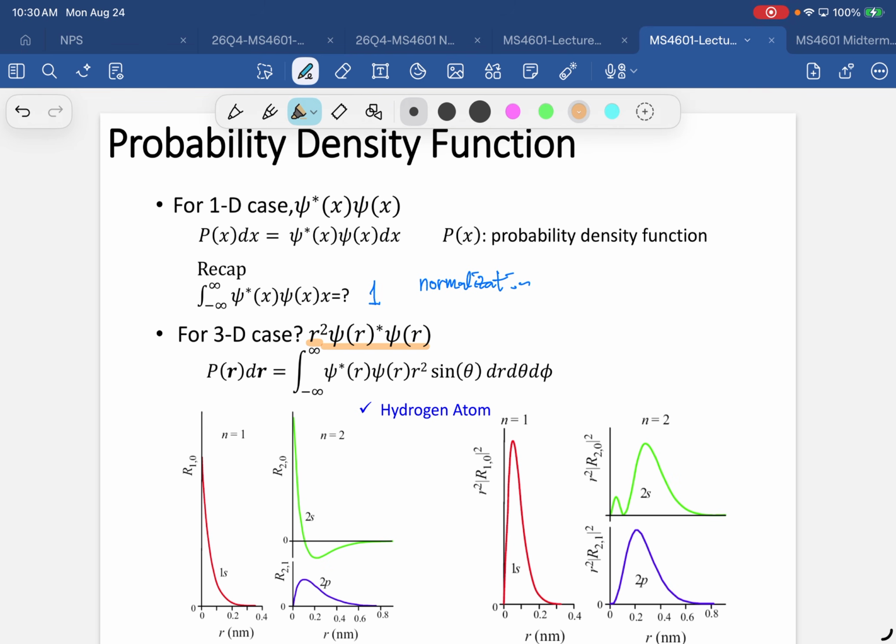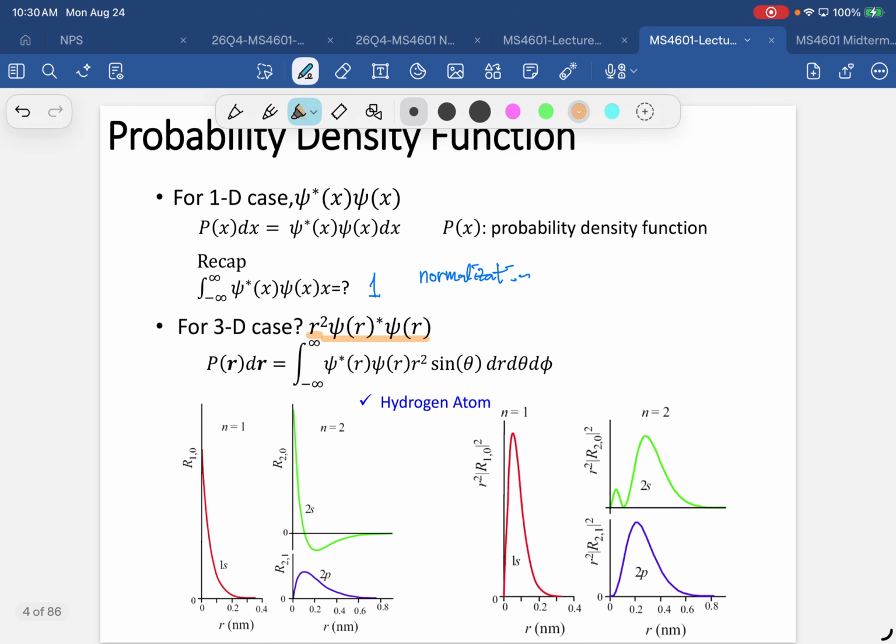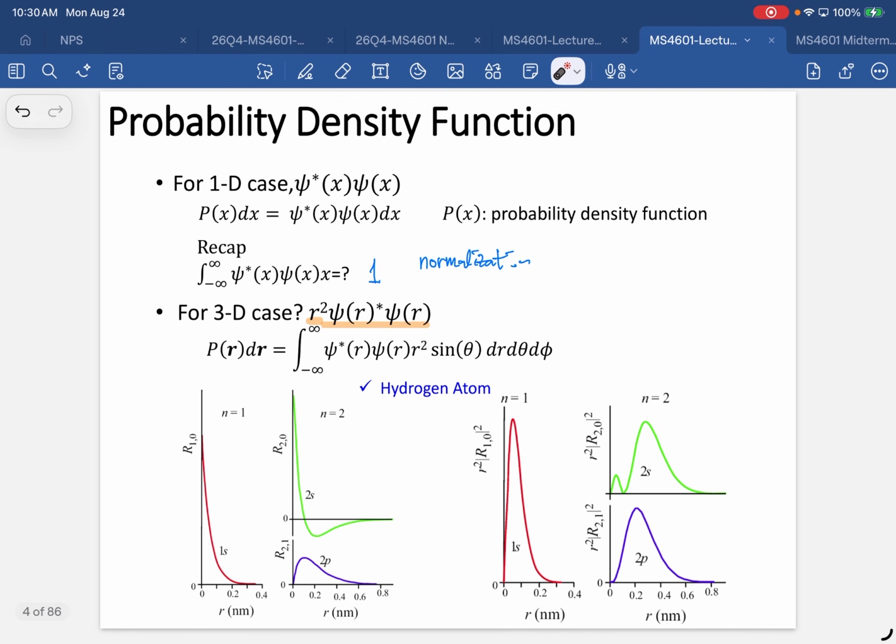For the hydrogen atom, the probability density function in the radial direction is what we get for 1s, 2s, and 2p. This is the probability of finding the electron at the 1s orbital, this is the distribution of the electron at the 2s orbital, and this is at 2p.